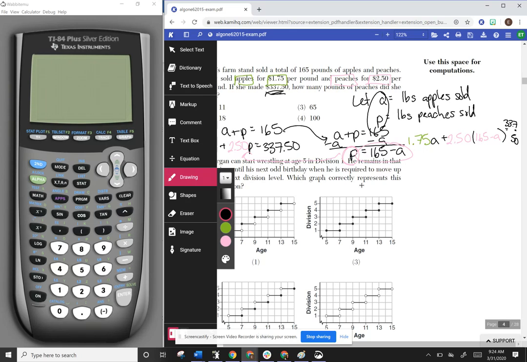Okay, so let's continue. So we bring 1.75A down, and now we must distribute. I'm going to use my graphing calculator for that just to ensure that I don't make any mistakes with my multiplication. So 2.50 times 165. So we get plus 412.5 minus 2.50A equals 337.50.